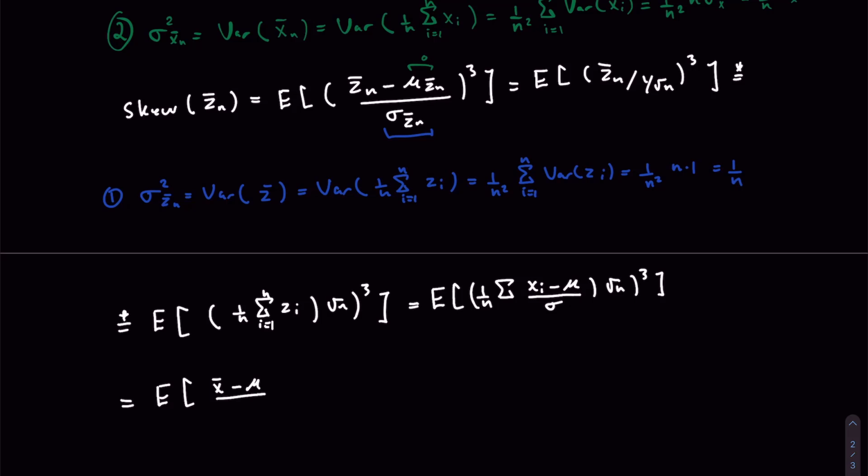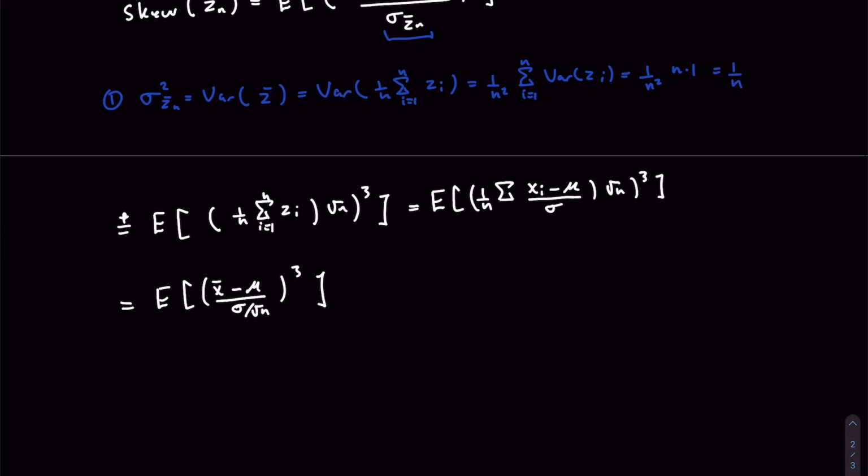Now we have, I'm pulling out the sigma here. Okay, so it's now sigma root n expectation like that. Okay, so what did I just do there?